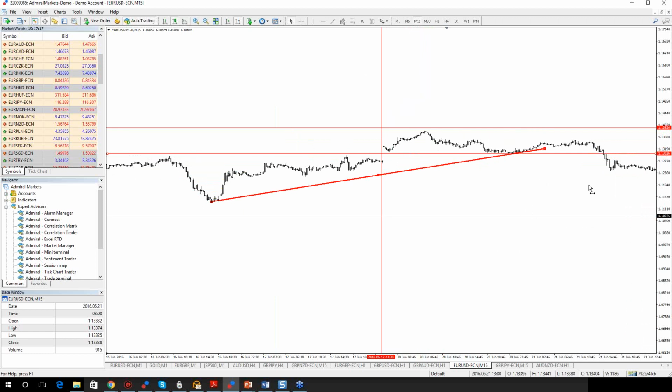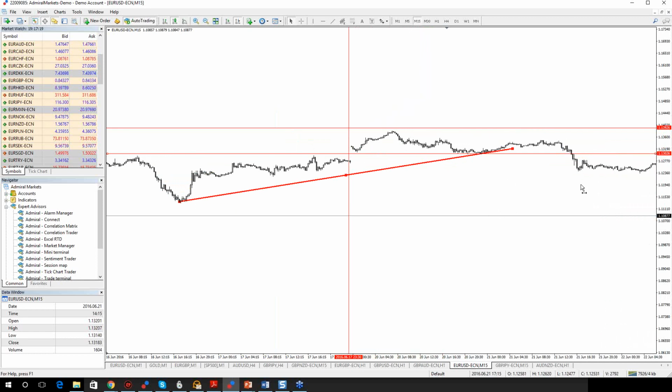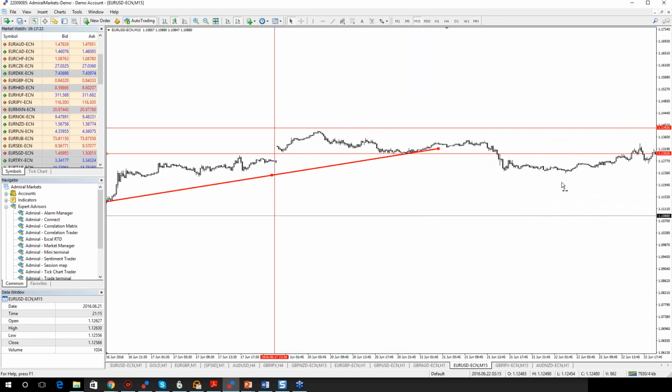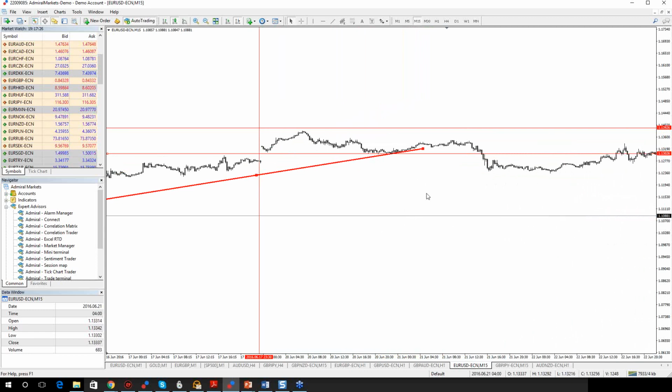Let's see. Okay, watch this now, guys. Well, if you traded this and you didn't close this here, you could have probably been caught in a false breakout. Well, that's a problem with consolidation breakouts. That is why I don't trade it.